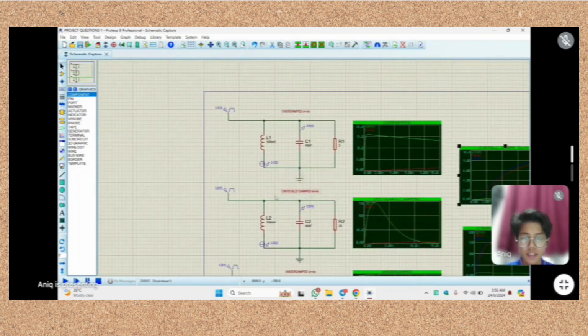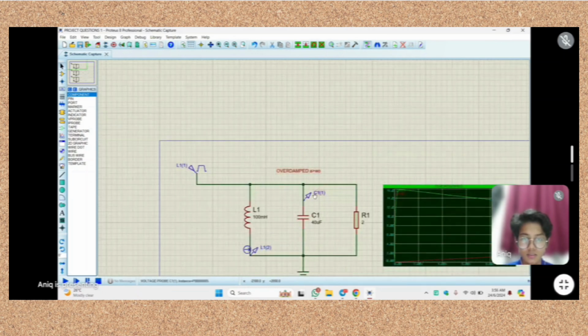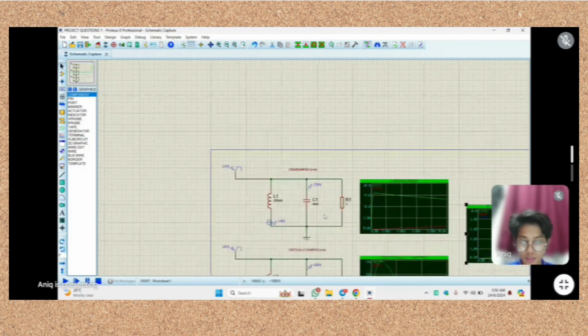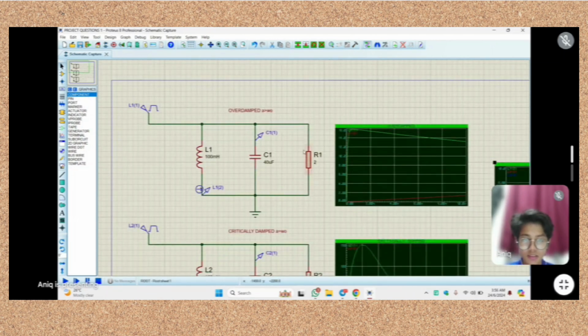Each case has a different equation. For the overdamped, the alpha will be higher than the omega, so with this resistor the circuit becomes an overdamped circuit.